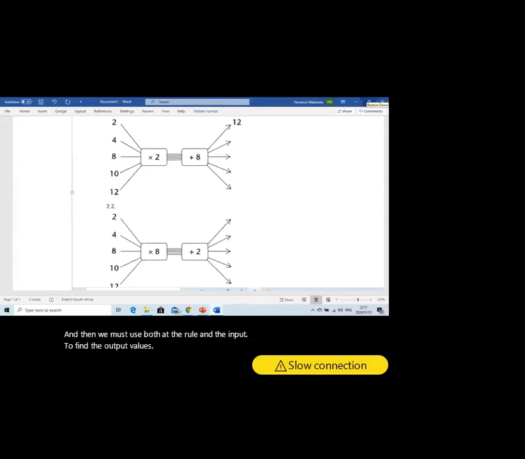That is the revision that we are going through now. Let's find the output values.